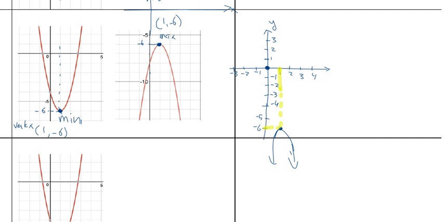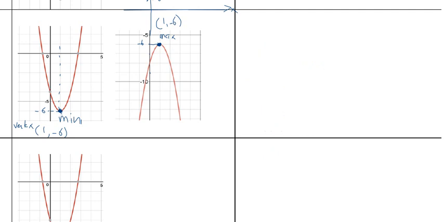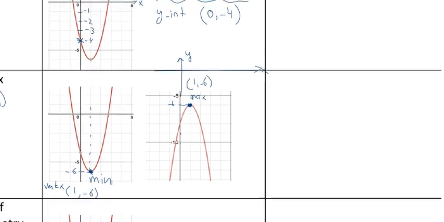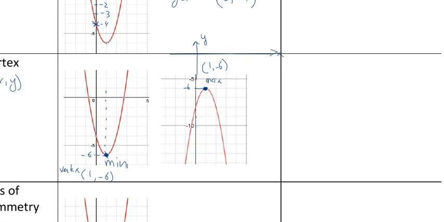No x-intercept, right? Okay, so the vertex is your highest or your lowest point on the graph. Okay? When I'm asking for the vertex, I'm asking for a point, x, y.